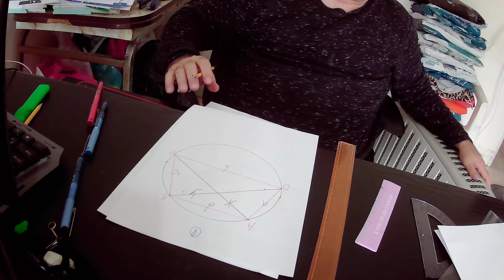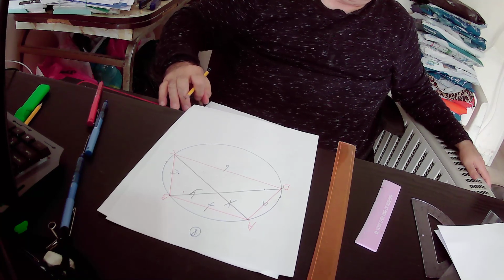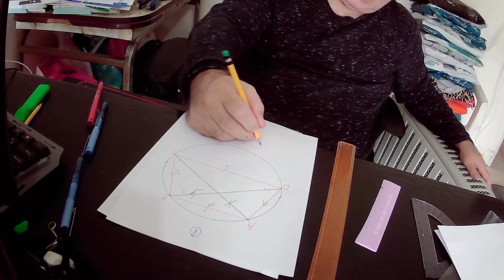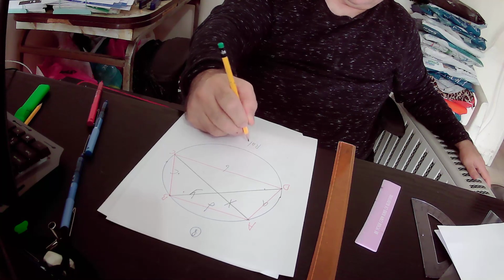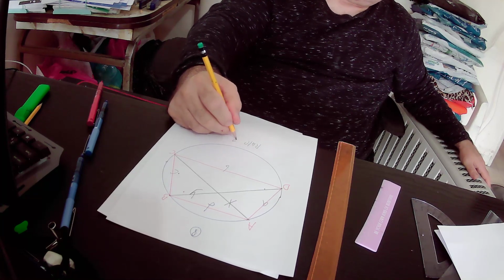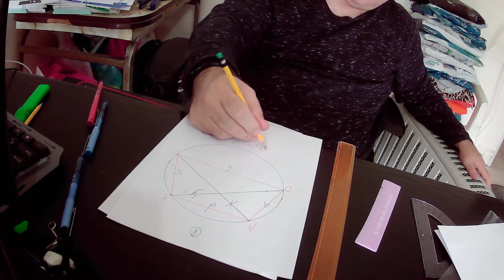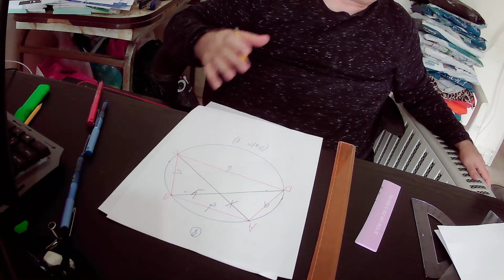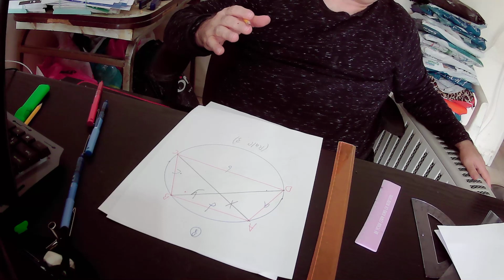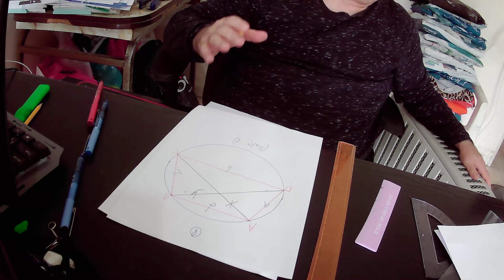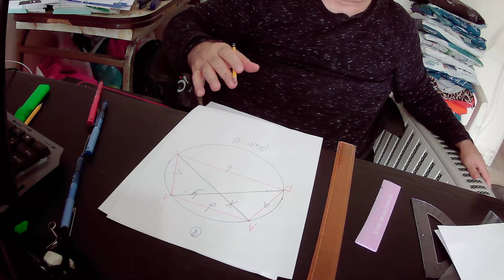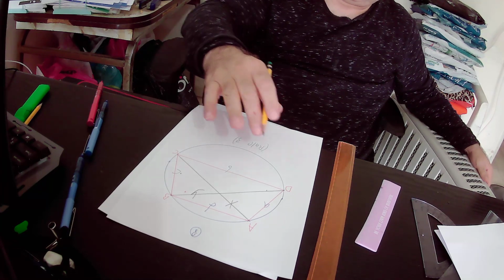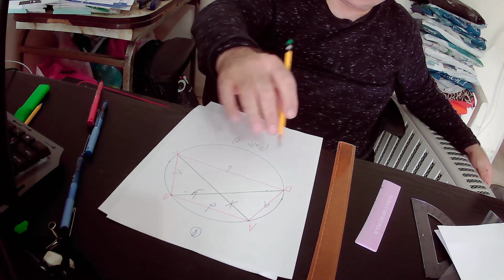So, according to rule number 3, whenever we have a quadrilateral that is inscribed by a circle, we can implement rule number 3 in that drawing. So we have here quadrilateral ABCD that is inscribed by a circle.